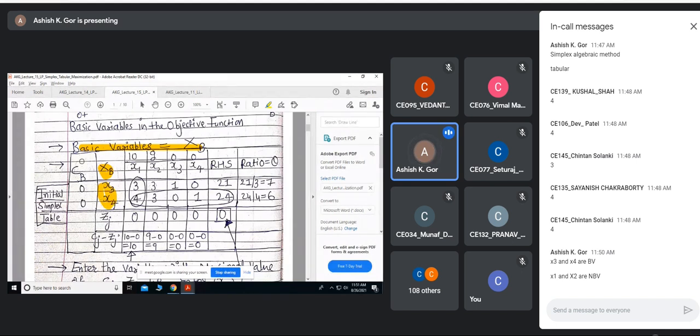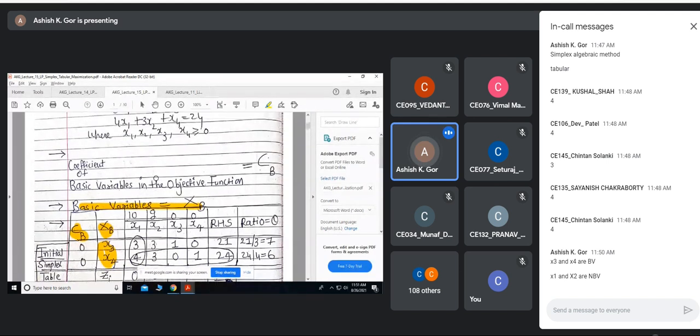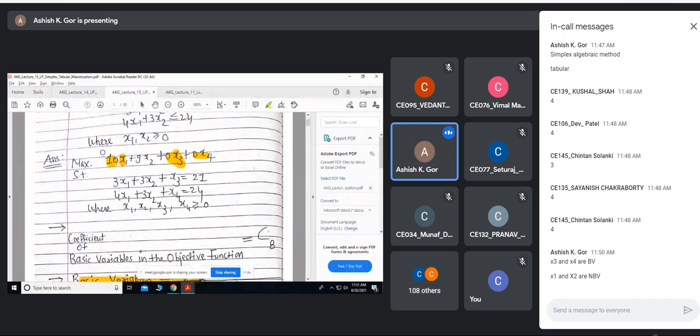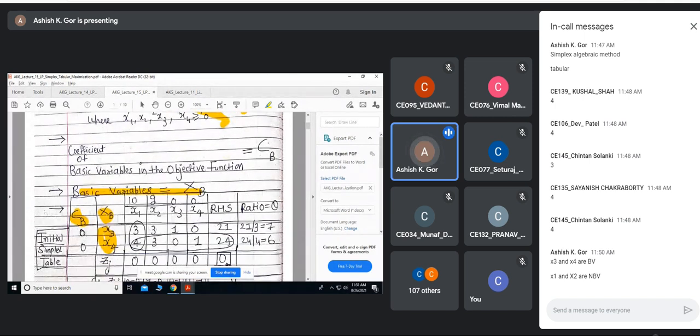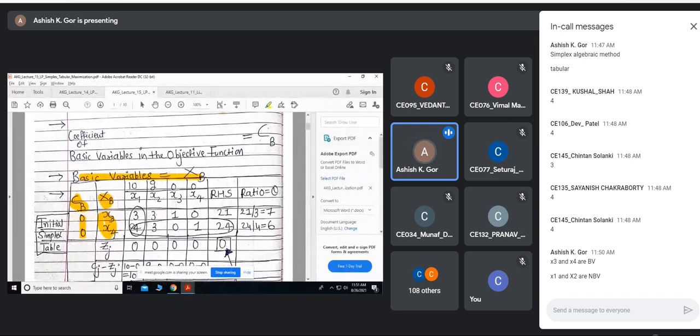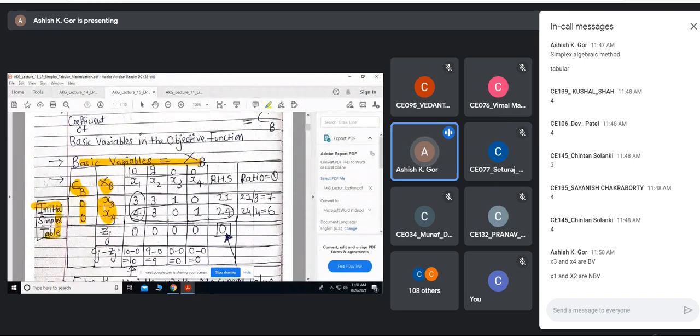Now what is CB? That is the coefficient of the basic variable in the objective function. You see the objective function, and if you see the coefficients, this is 0 and this is also 0. So both the coefficients are 0, 0, that I write. So this is called the initial simplex table.